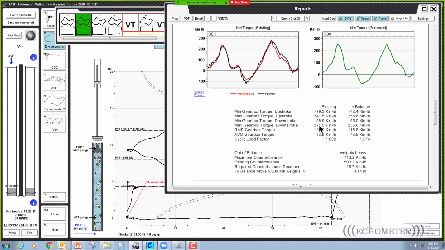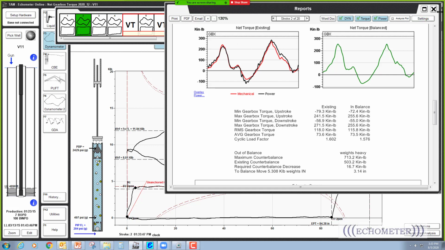So the full card has the highest torque, even though the minimum load is less for the pump that's not full. But sometimes it'll swap. So you just need to be careful and cautious about your gearbox overload, because by going from full to pumped off, you may even overload your pumping unit. All right.